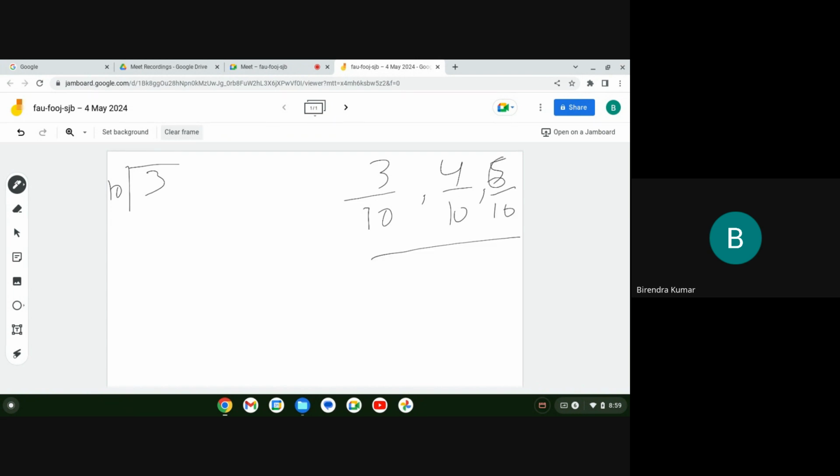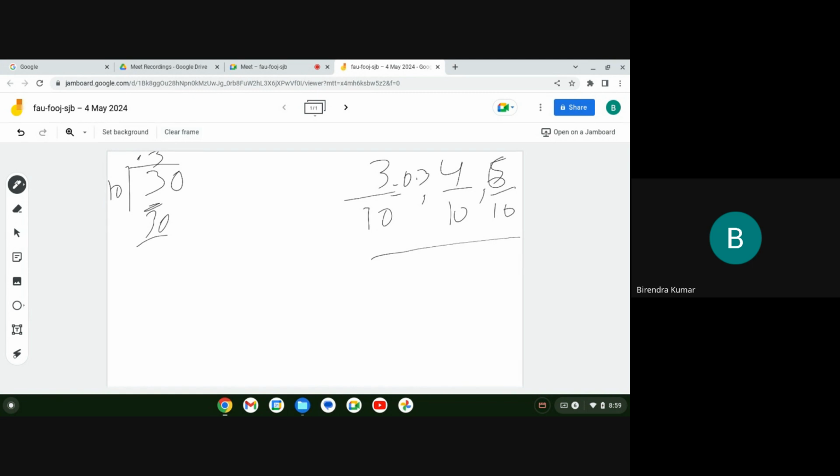Let's do three of them and see what happens. We are doing 3 by 10. So now 3 is smaller than 10. I use the decimal magic to get a 0, and this becomes 30. So 3 by 10 is equal to 0.3.